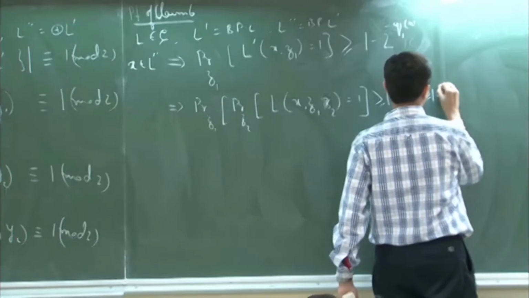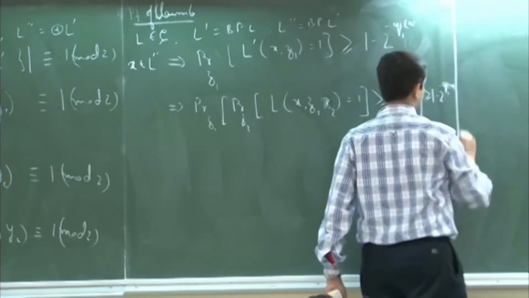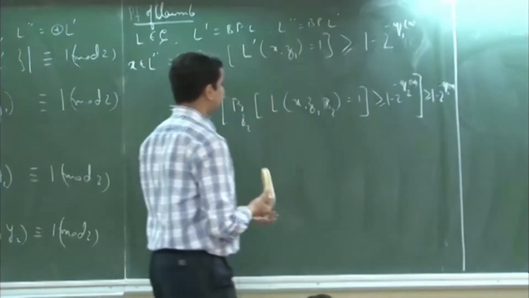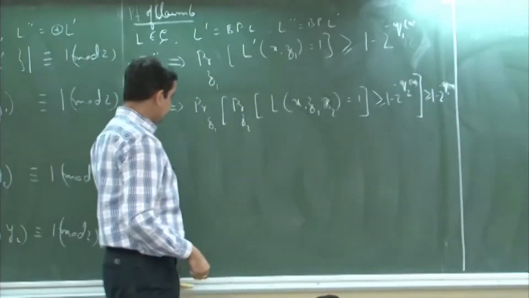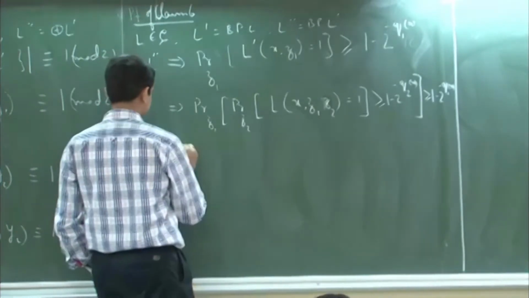Okay, so now how do I combine these two random strings?